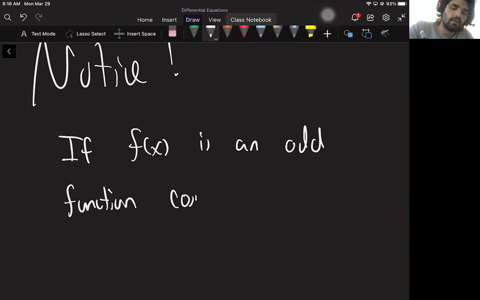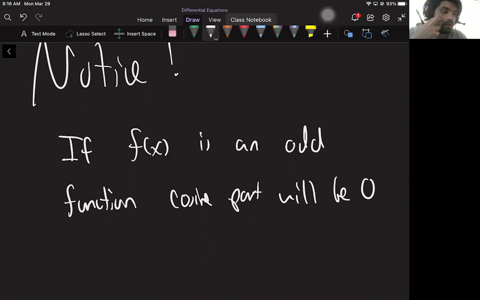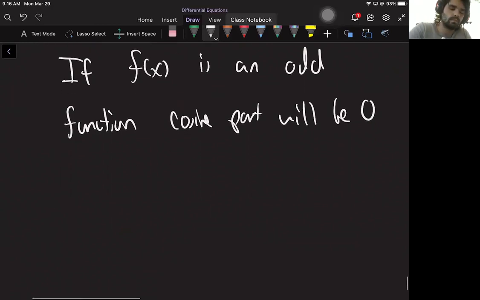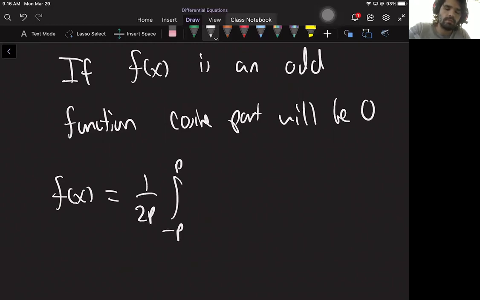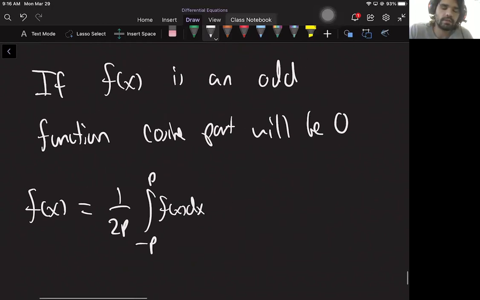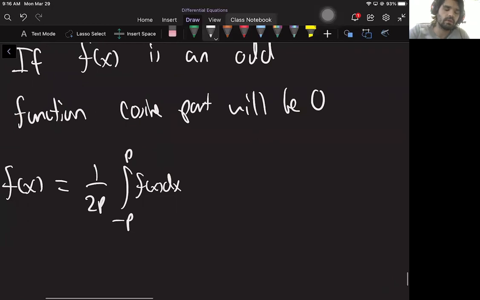The cosine part will just be 0 every time, and so we'll only get the first term and the sine part. So we'll just get this 1 over 2p integral negative p to p f of x dx. Although I guess this will always be 0 too. I didn't think about that, but f of x is odd on its own, so this will also be 0 every time.